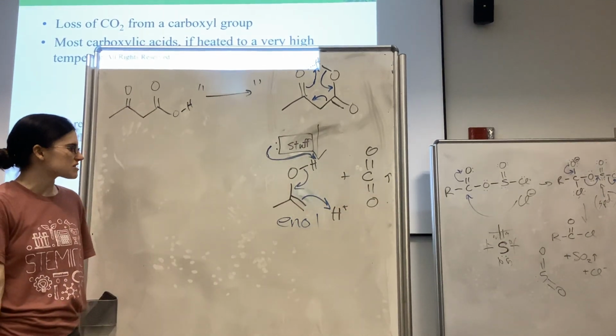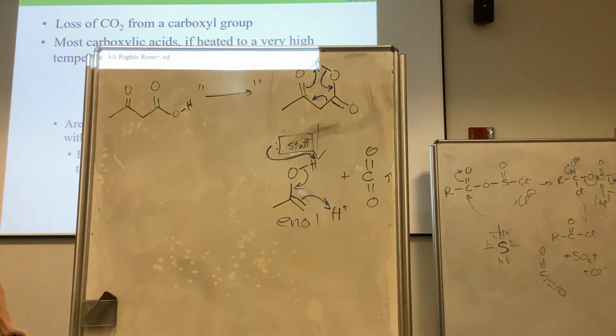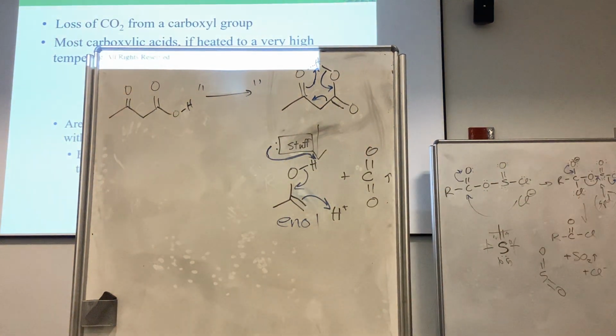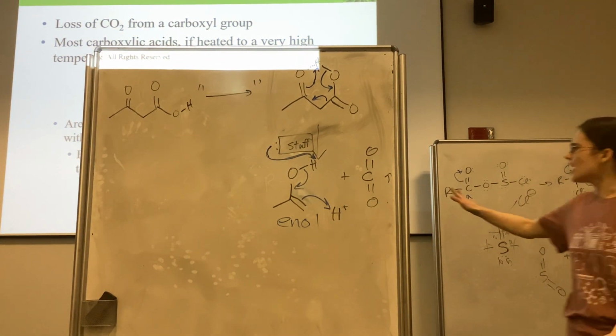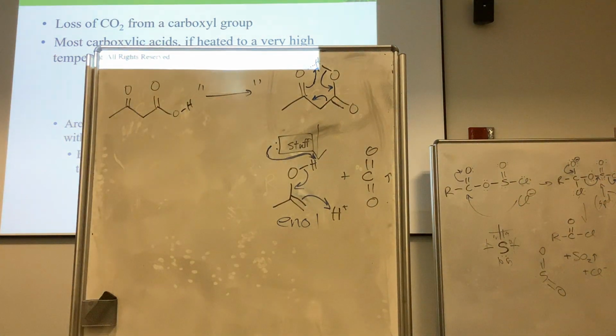You have to do this in a protic solvent. I don't think you actually need to use, yeah, no. Usually with keto-enol tautomerization we do it in acid or base, right? But basically all we need is a protic solvent, right?